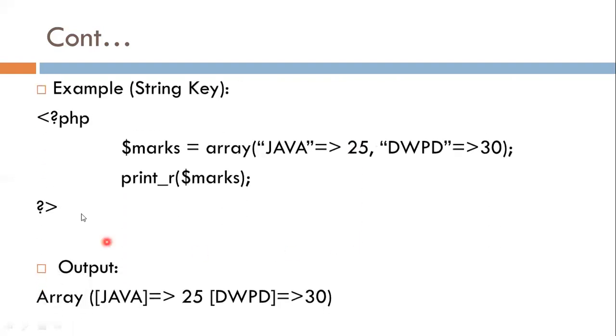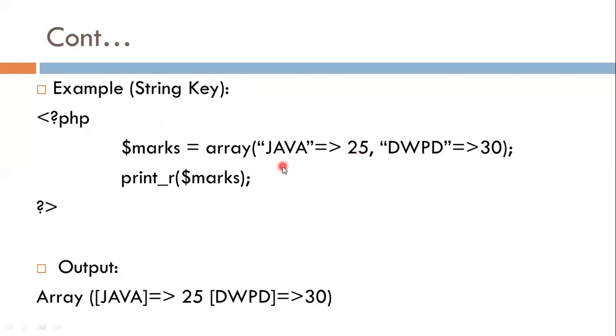Now the second example. In the second example, I create a PHP script using a string key. In the PHP script, I write one variable $marks, meaning the array name is $marks. Then using the array function create an associative array, and between the parentheses write the subject name as a key and marks as a value.